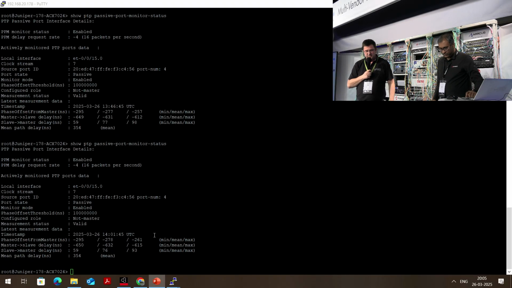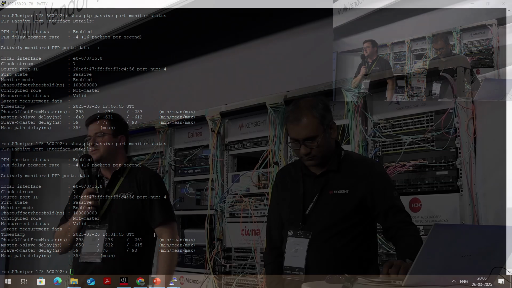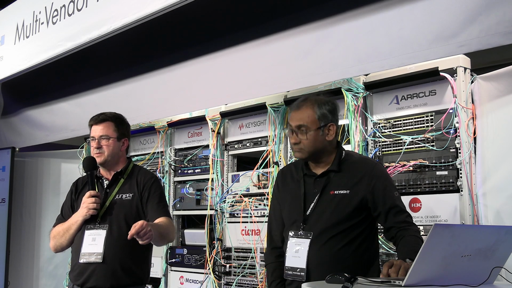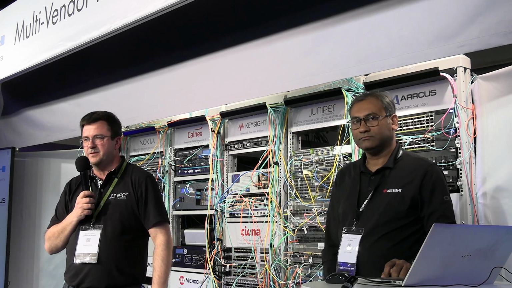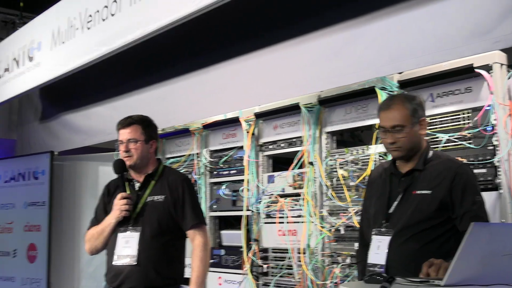Okay. So what you see down here in the phase offset in the middle, with minus 278, this is seen from the Juniper device doing passive port monitoring on one of the interfaces. So this is comparing the offset towards the port that is locked to the Ericsson device. So it detects the asymmetry that we added in through the device with 540 nanoseconds.